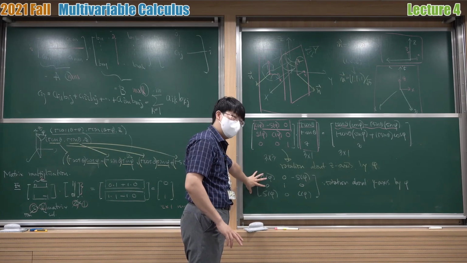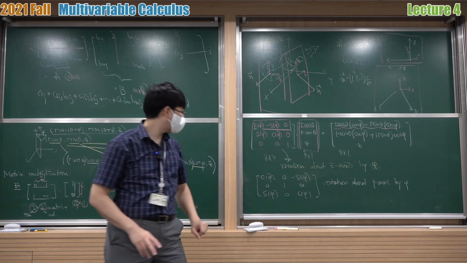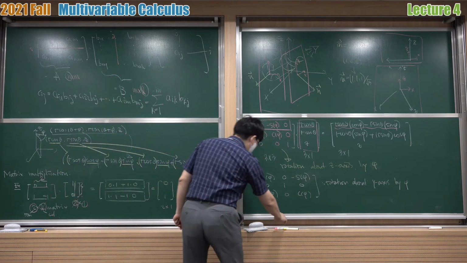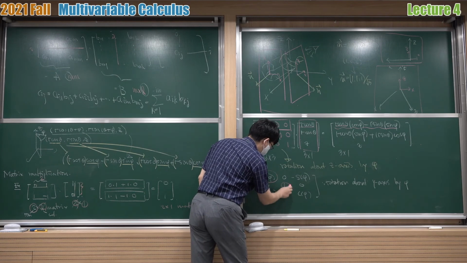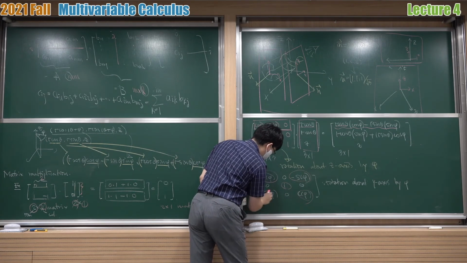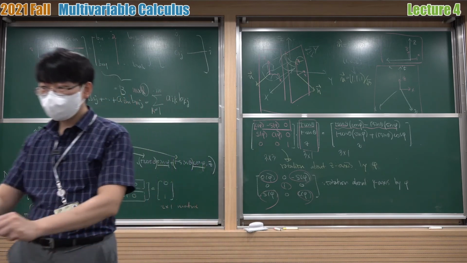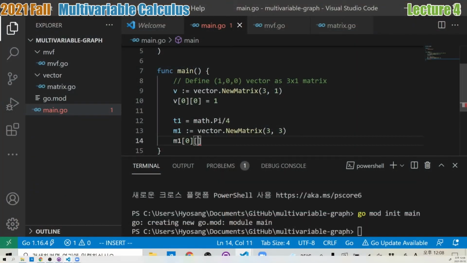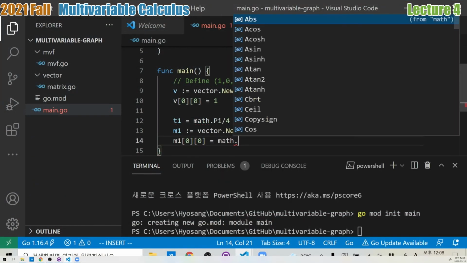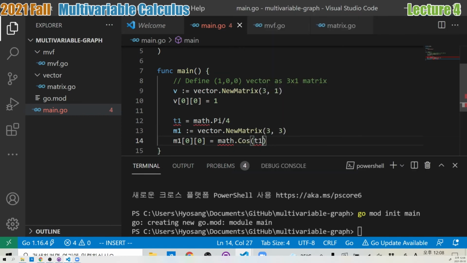So this is going to be the form of M1. Except for 0, I have to assign values in these places because everything is 0 now. So M1[0][0] is math.Cos(T1). I'm using T1 as phi in there. T1 is a new variable, so I have to define it this way.